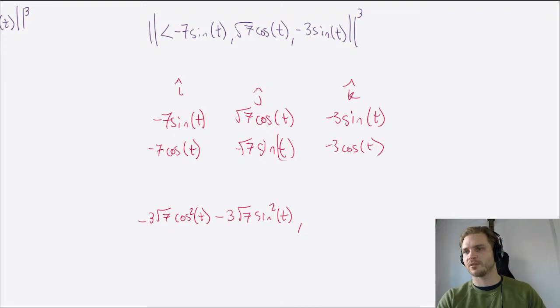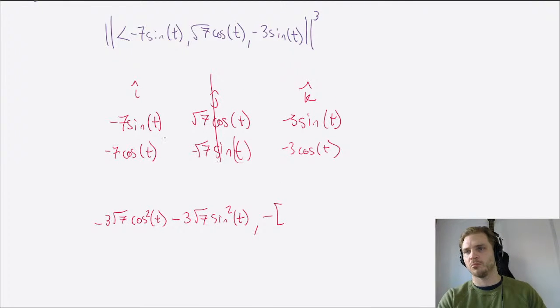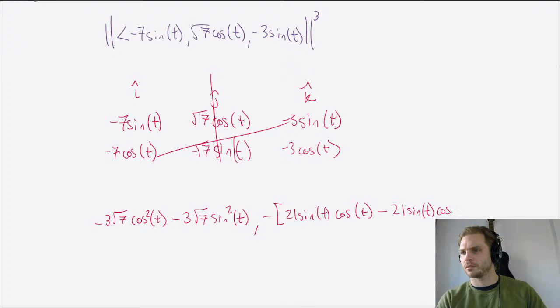Okay, so that's the first one. Then for the j, we cross these two, so this is positive 21 sine t cosine t, minus this, so minus 21 sine t cosine t.